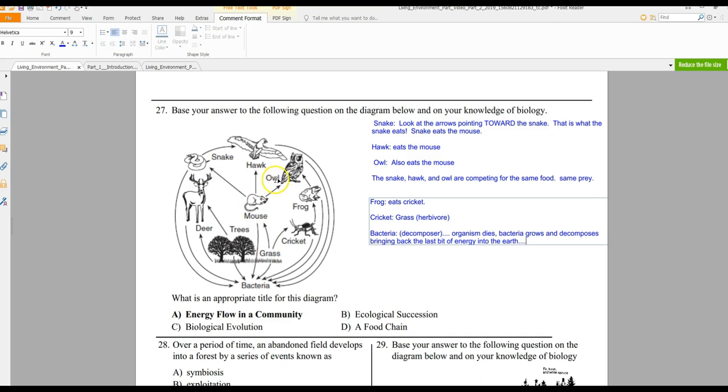Can the snake, hawk, and owl live in the same niche, in the same environment? Yeah, but they're going to be competing for the same prey. Okay, which one is the decomposer? The bacteria. It's so many different questions. Where do trees get their energy? From the sun. Which one is an autotroph? The tree, because a tree is a plant. Plants photosynthesize. That's autotrophs.